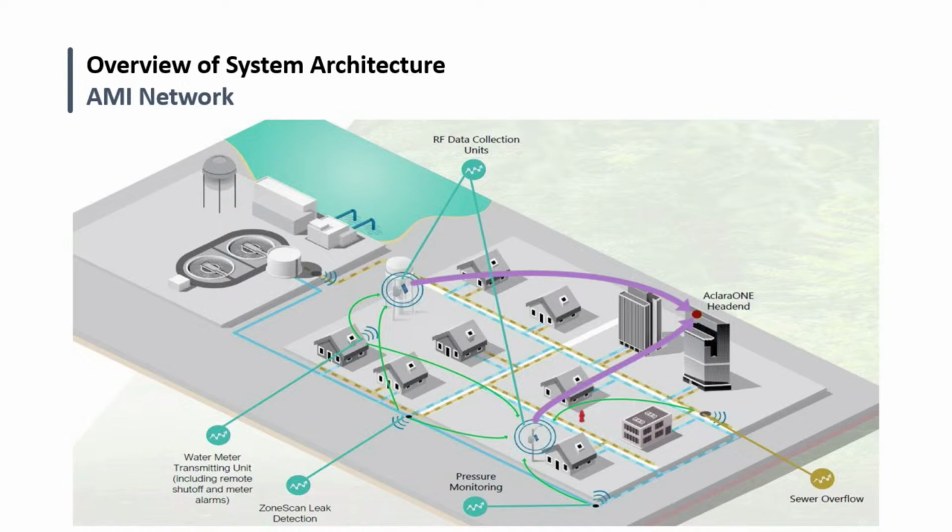What's nice about the system that we're installing here in High Springs is it's open-ended. There are other devices and other systems that can be attached to the AMI network, such as hydrant sensing, pressure monitoring, leak detection for the infrastructure in the water system. So a lot of other technologies can be attached to it.